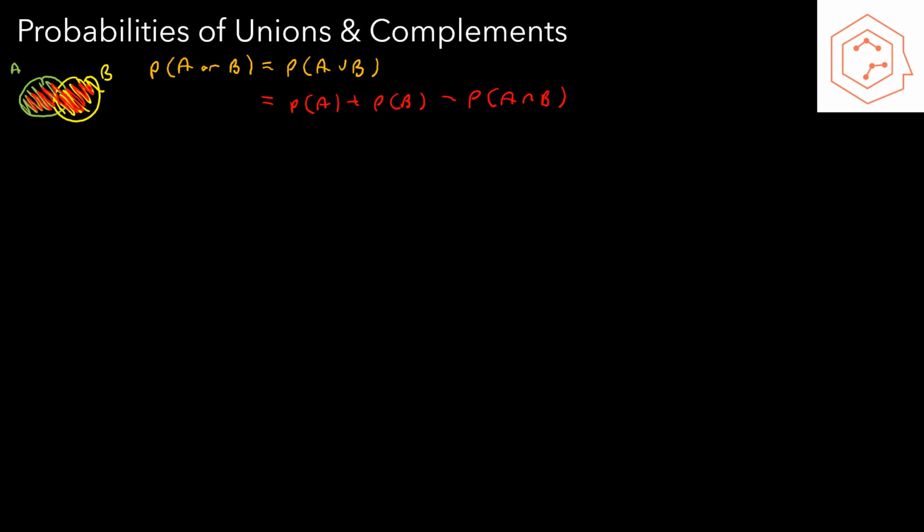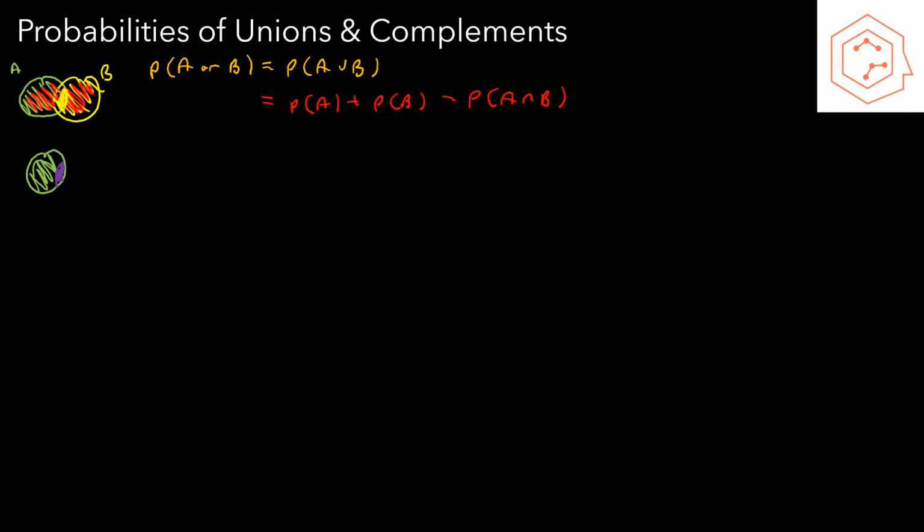Now the reason we have to subtract is because when we add A, we're adding one of the circles. And then when we add B, we're adding another circle. But in that case, we're accounting for the middle region twice. So if you look at building the Venn diagram, our middle region is right here.